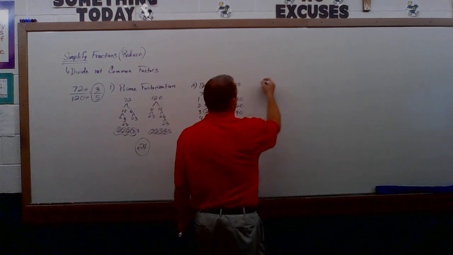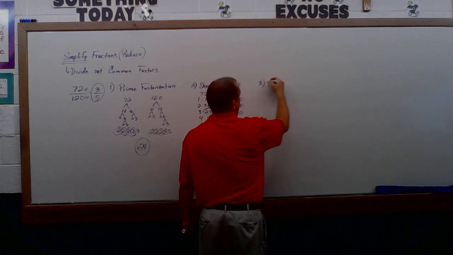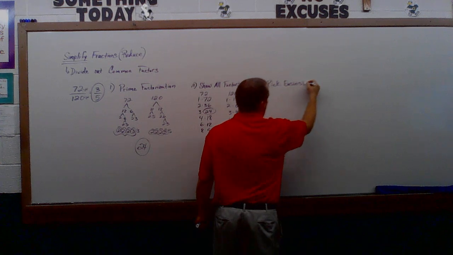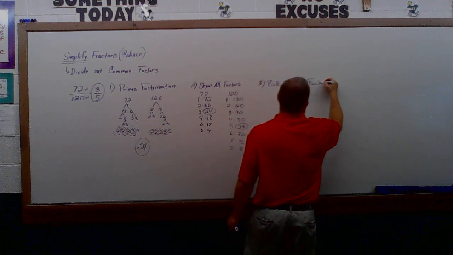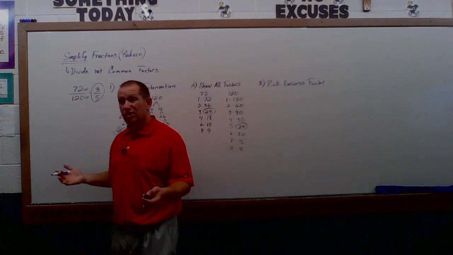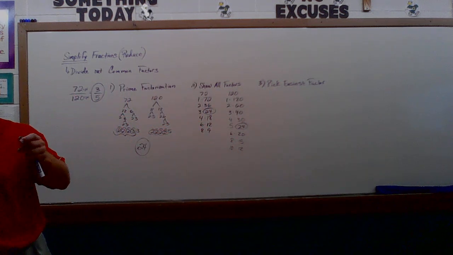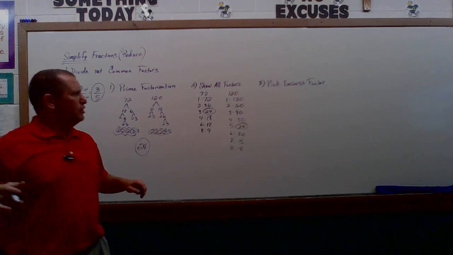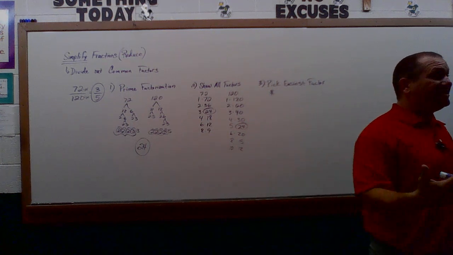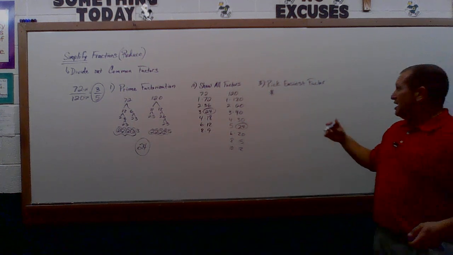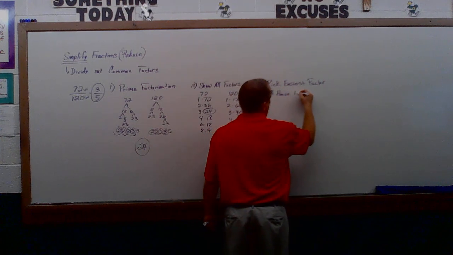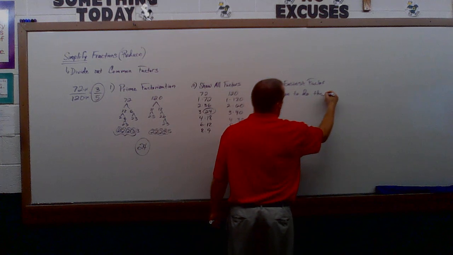Okay, what's number 3? Number 3 is pick the easiest factor. So again, the easiest factor for me for this problem would have been what again? 2, because they're both even, right? So I'm picking the easiest number that I definitely know. But, big star with that, if I pick the easiest, and this is probably the fastest way for me to do it, I probably have to do the problem more than once.